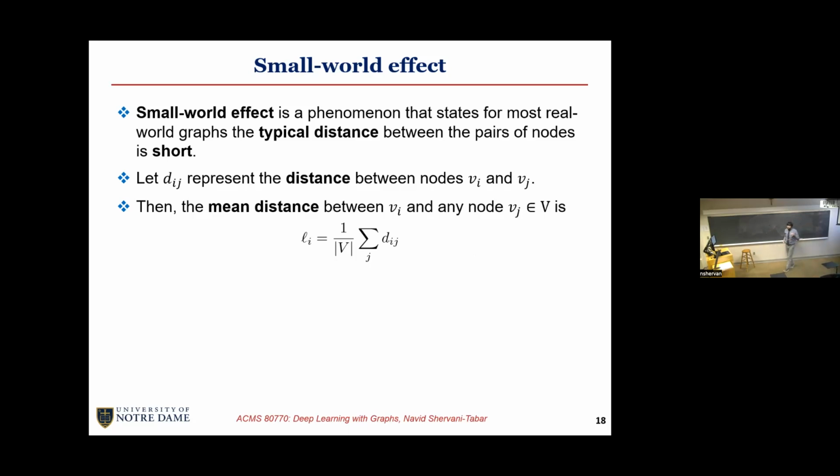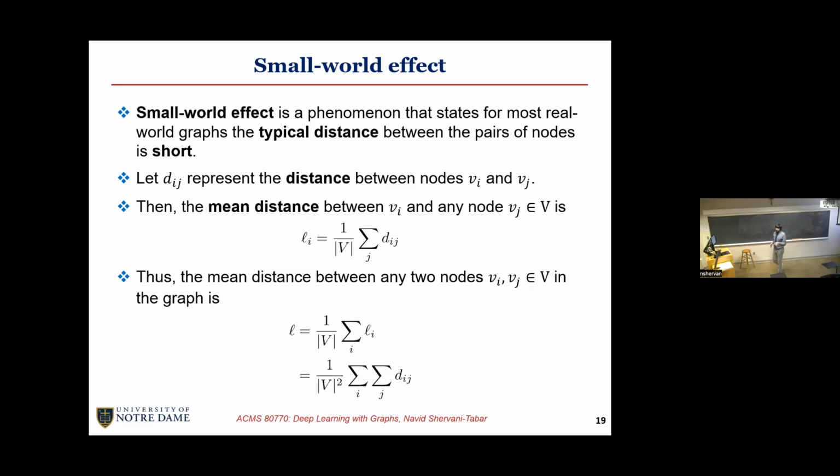Now if I want to find the average distance in the whole graph, I basically repeat this process for every node Vi in the graph. So I average also over different nodes Vi, right? So the mean distance between any two nodes in the graph is 1/V², the sum over all nodes Vi and all nodes Vj, of Dij.